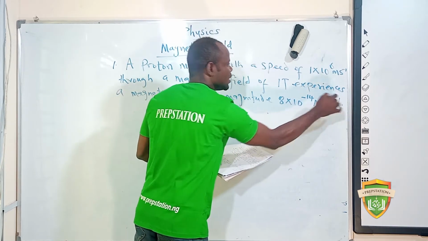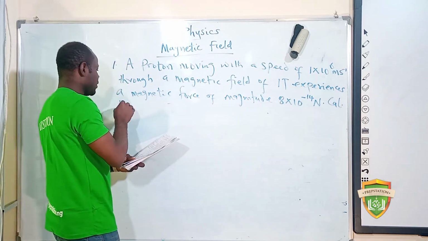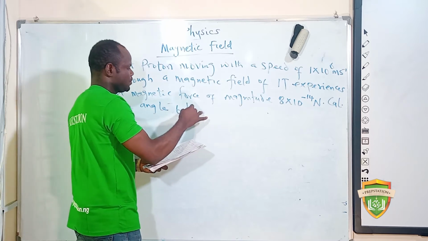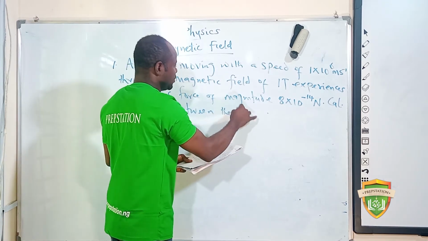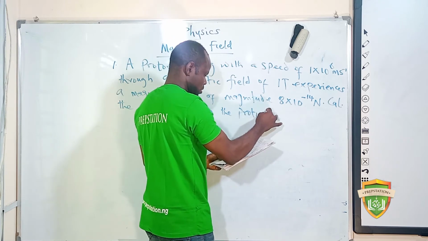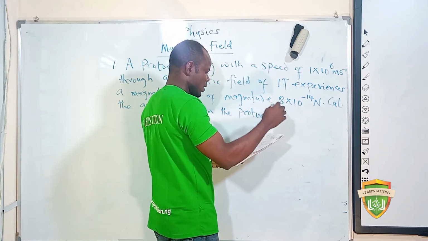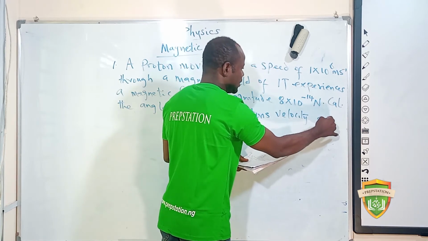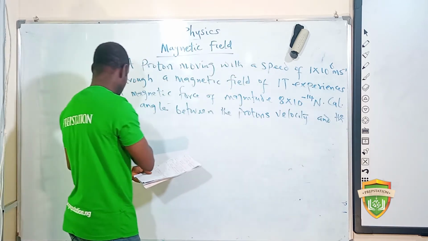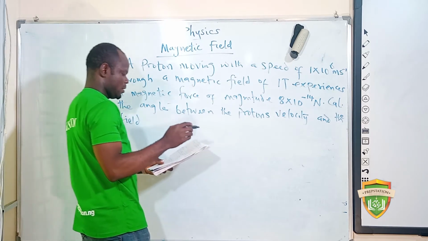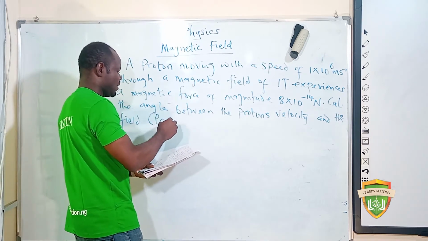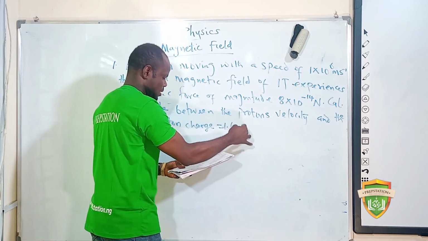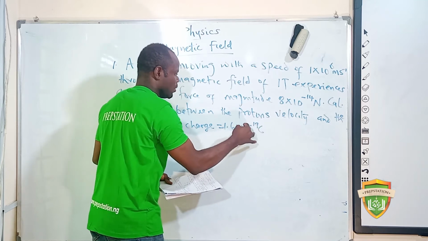What does the T stand for? You remember that is Tesla. The question is, calculate the angle between the proton's velocity and the field. The proton charge, take note of this, which is that Q, is 1.6 by 10 raised to the power of minus 19 coulomb.